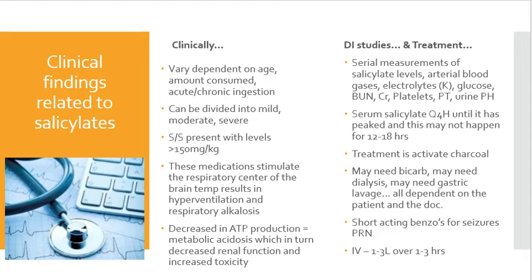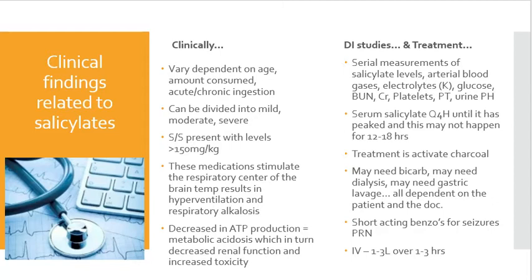Acidosis can also lead to cardiac dysrhythmias and cardiac failure. Chronic toxicity may occur with ingestion of more than 100 milligrams per kilo per day for 2 or more days. Symptoms may include lethargy, confusion, dehydration, hallucinations, pulmonary edema, elevated liver enzymes, a prolonged PT time.